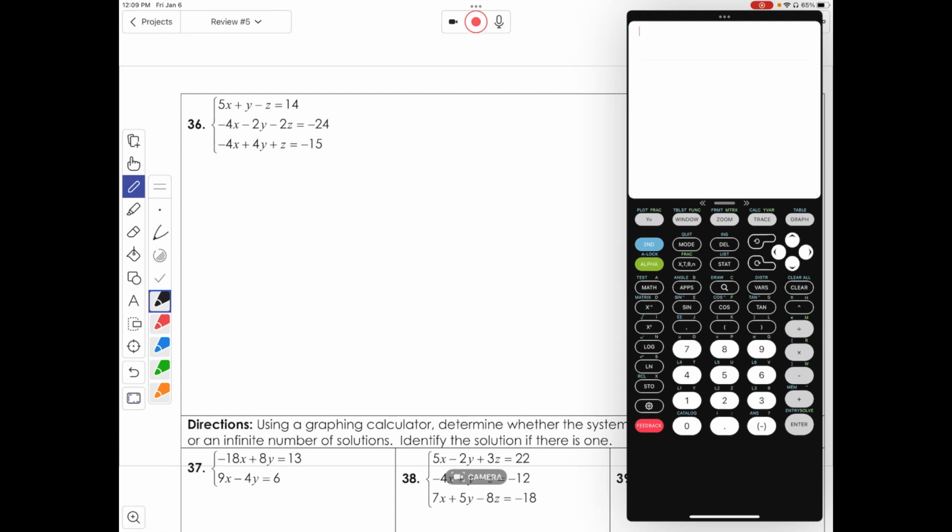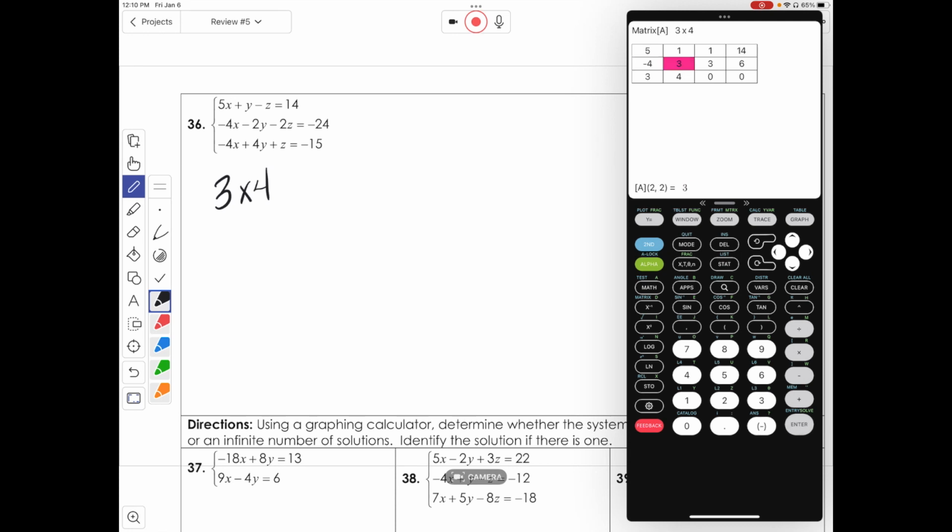So let's do another one. We have another matrix here. It is a 3 variable matrix. So I know that my dimensions are 3 rows by 4 columns. So I'm going to come in to my matrix. I'm going to edit. I already have a 3 by 4. So all I'm going to do is change these numbers. So my coefficients are 5, 1, 1, and 14.